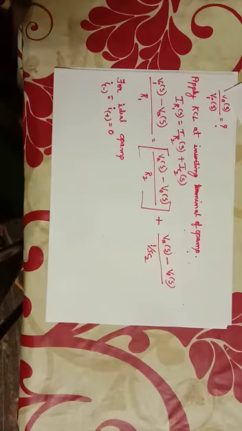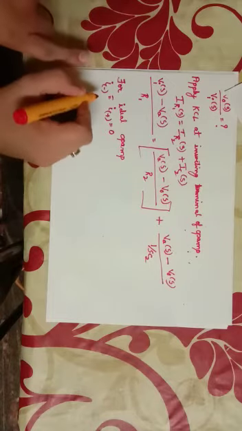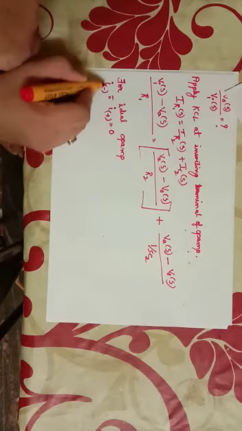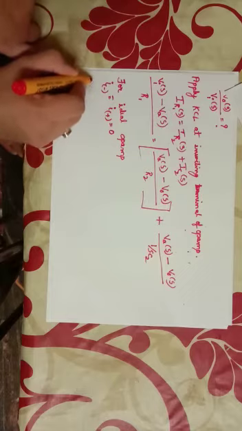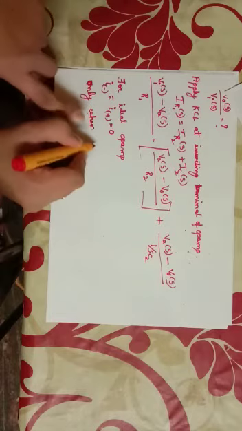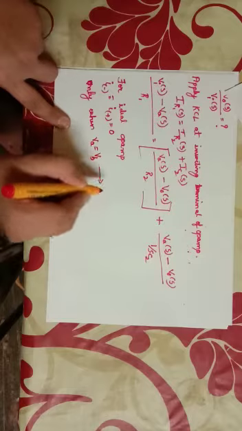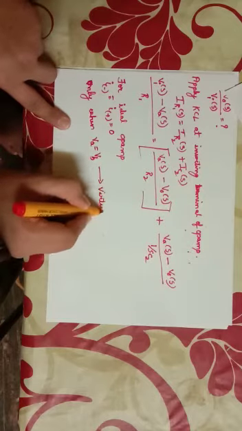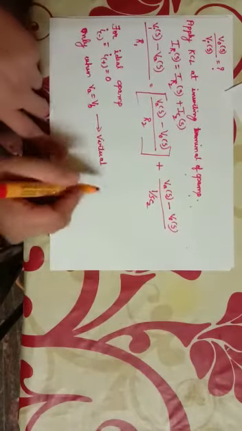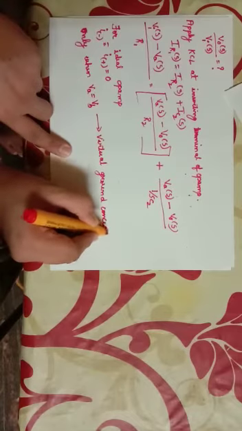But here these two, I minus and I plus, will be equal to 0 only when VA equal to VB, and this is called as virtual ground concept.